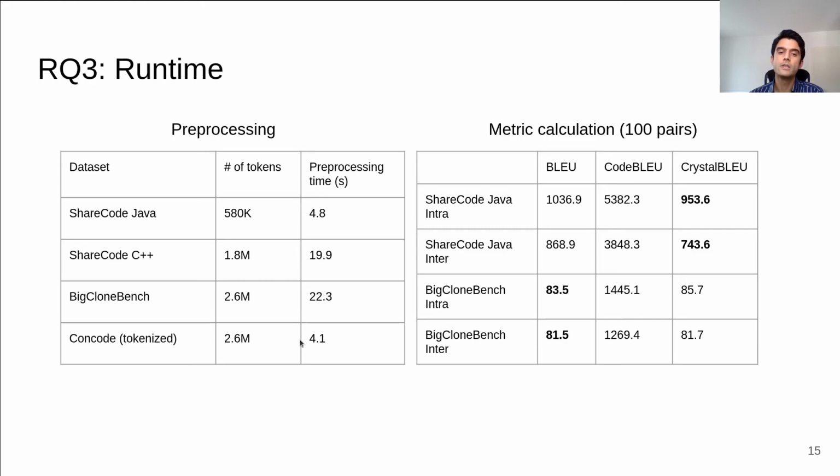If it's already tokenized, it can be done in under 5 seconds. And for the runtime of the actual metric, you can see here that the runtimes are very similar to BLEU, but way lower than the CodeBLEU runtime.